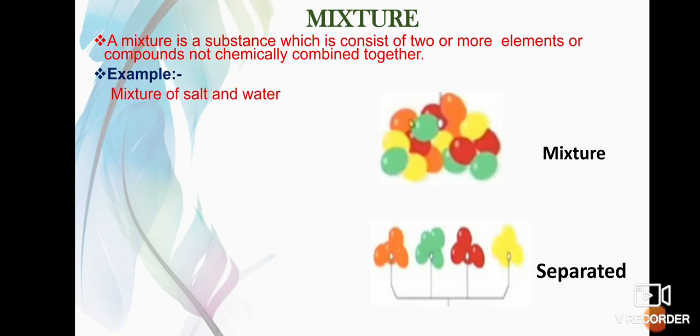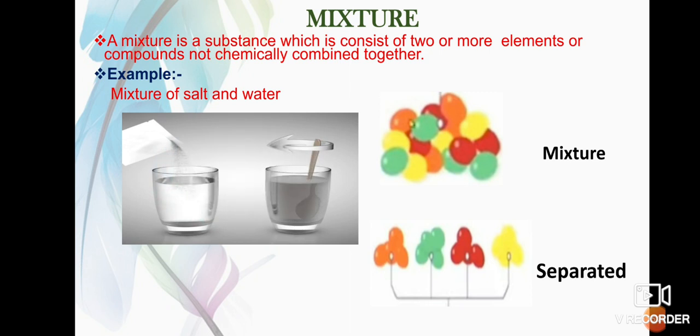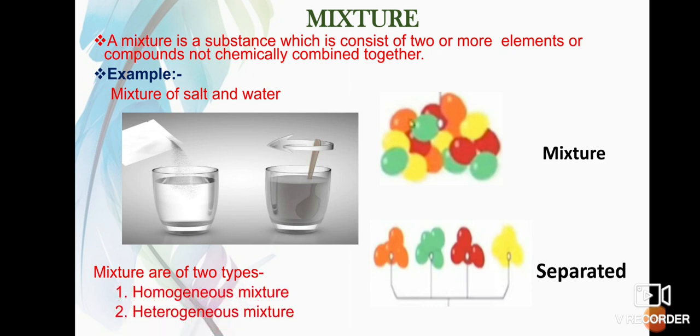For example, a mixture of salt and water. See, by mixing salt into the water, it becomes salt water. So it is a mixture of two compounds. One is salt and one is water. Okay, so mixtures are of two types. They are homogeneous mixture and heterogeneous mixture.